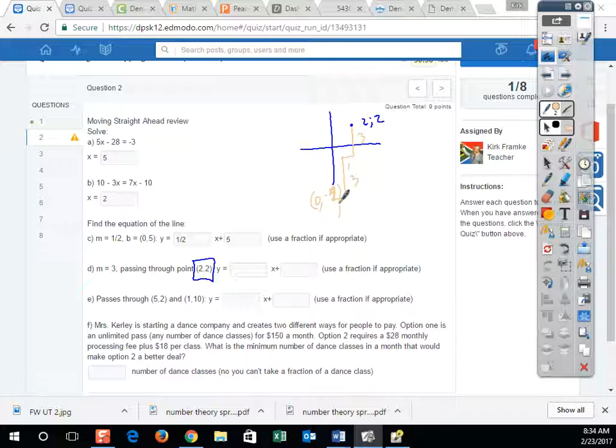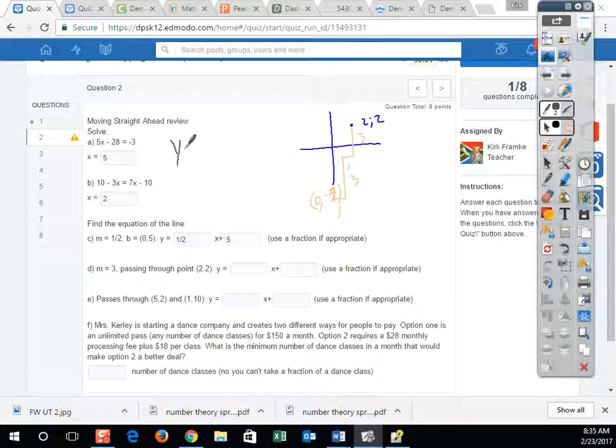But there's another way. I will show you the other way. Let's start over again.